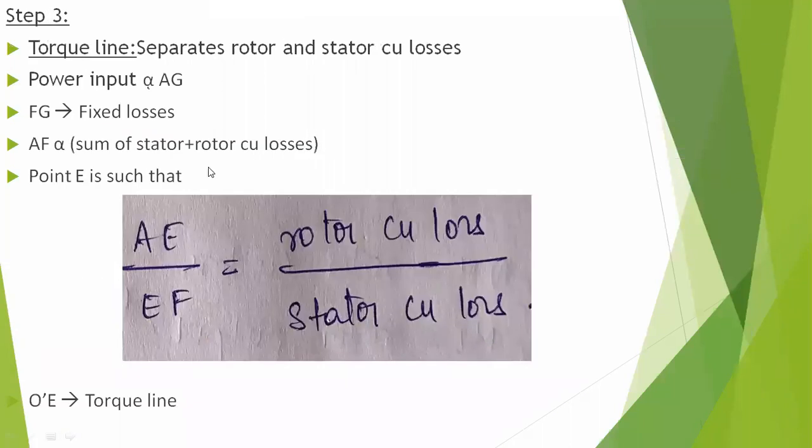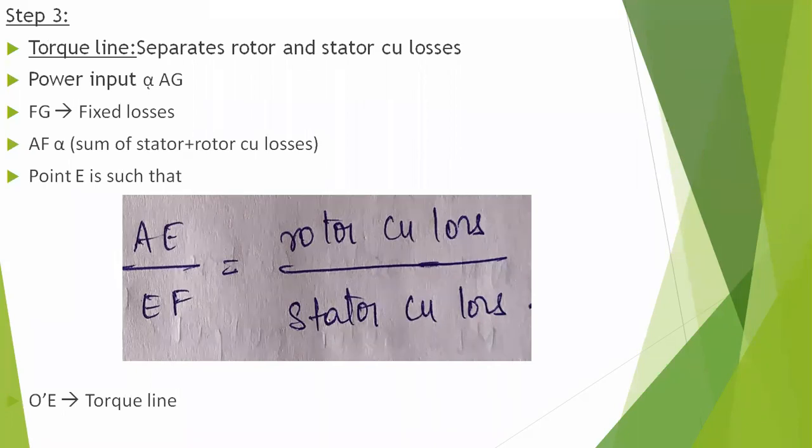Next, coming to step 3. In step 3, we have to draw the torque line. This torque line will be separating rotor and stator copper losses. When the rotor is locked, meaning the rotation is slowed down or completely stopped, this is called rotor locking.